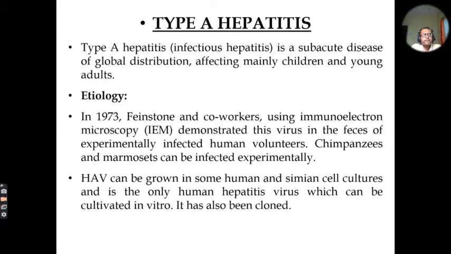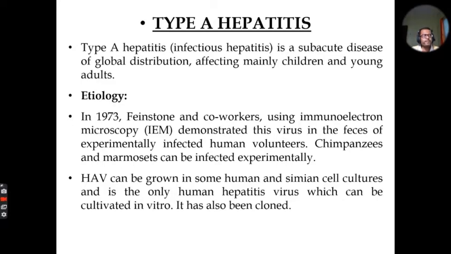Now this hepatitis A virus can be grown in some human and simian cell cultures, and it is the only human hepatitis virus which can be cultivated in vitro. The rest of the viruses, whether type B, type C, type E, type F and type T, are not cultivated in laboratories.